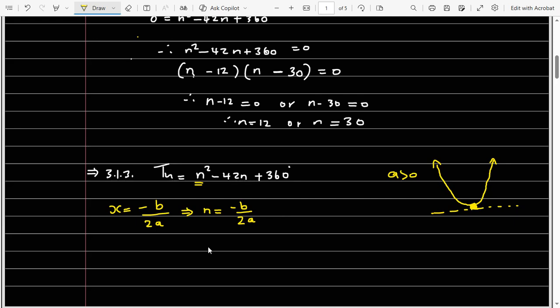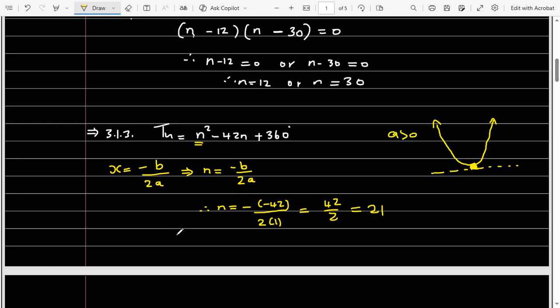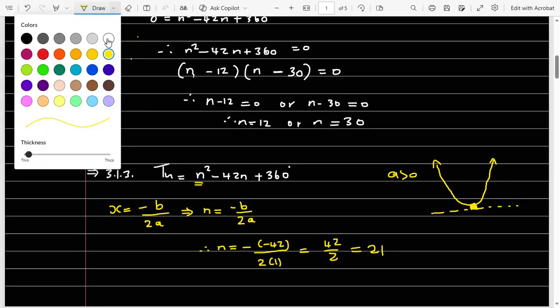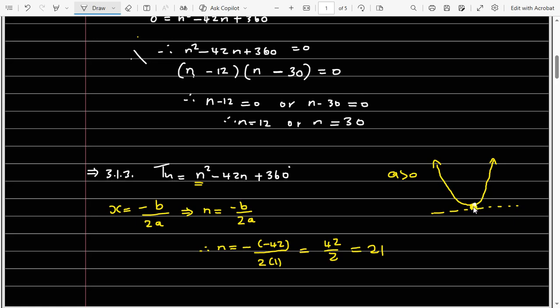When I substitute, where there's b, I put negative 42, and where there's a, I say 2 into 1. So 42 over 2 is 21. This tells you that T21 is the one that has the minimum, the lowest value.